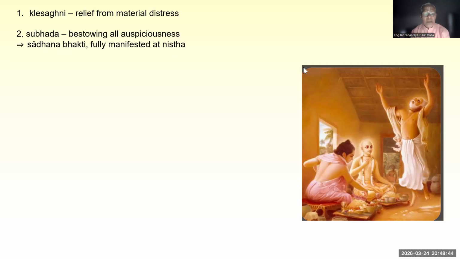Basically, miseries are of 2 types: primary miseries and secondary miseries. What are primary miseries? There are 4 primary miseries every living entity is suffering from: birth, death, old age, and disease. So these are primary miseries.